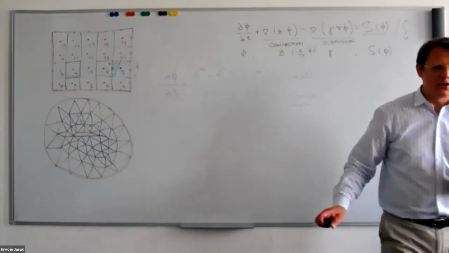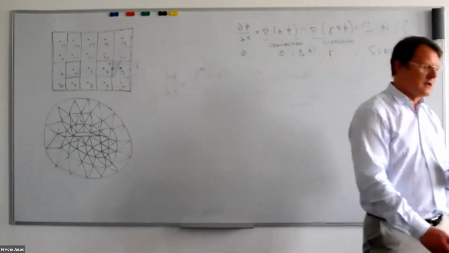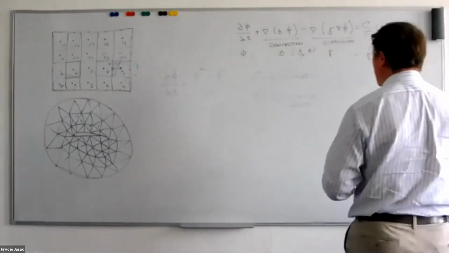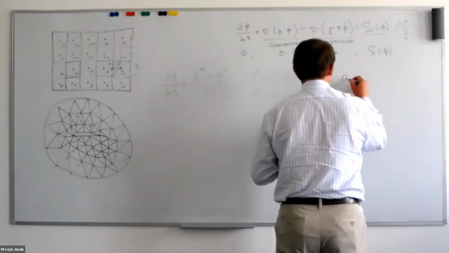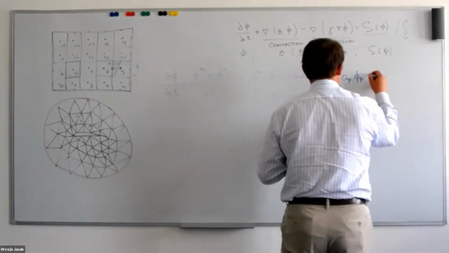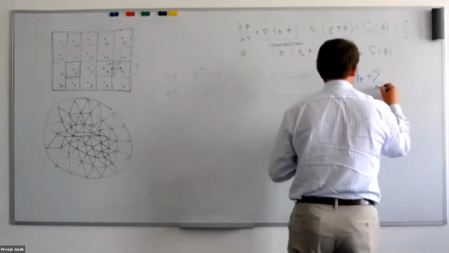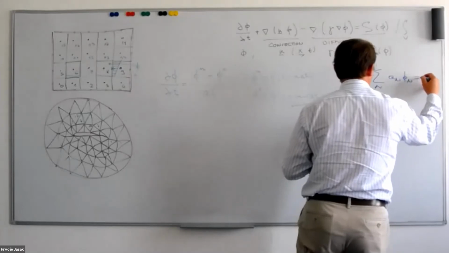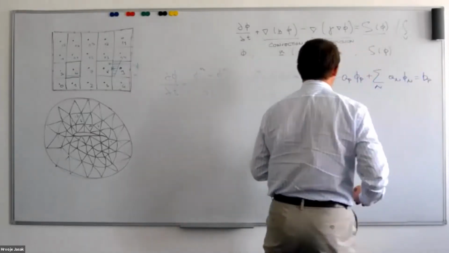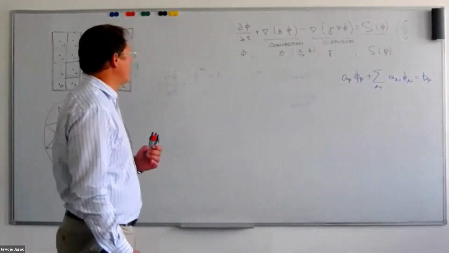My job is to calculate the coefficients that correspond to the equation of the form AP phi P plus sum over the neighbors AN phi N equals BP.